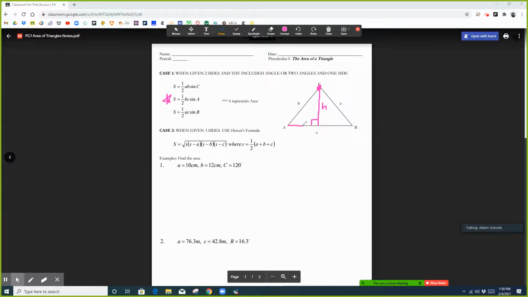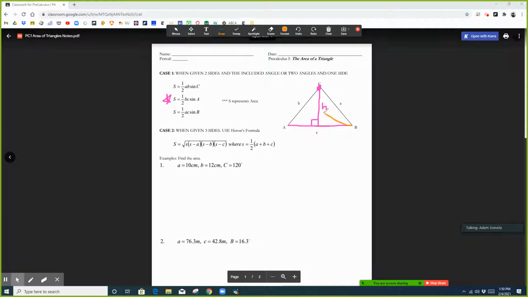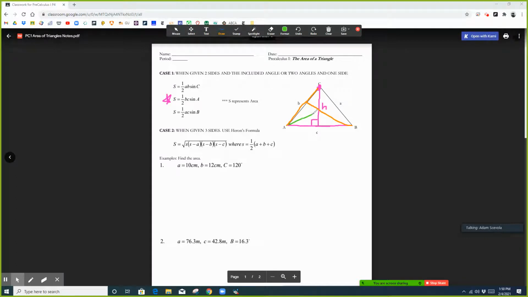So real quick, if h was the height, then that pink side would be the base. Or if we made this the height, then this would have to be the base. Or if we made this the height, then this side would have to be the base.